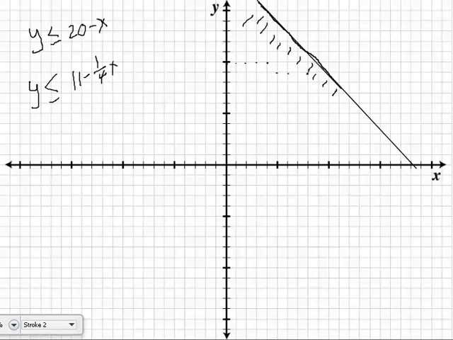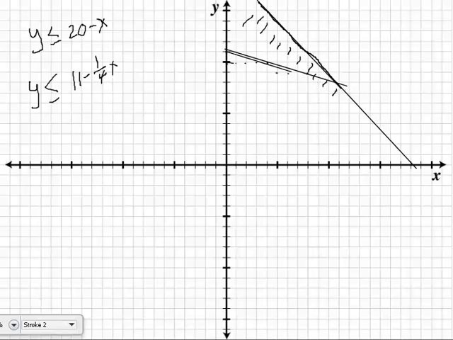And I would draw my line from there. Didn't do that very well, sorry. Try that again. There it goes. That's what the line would look like.